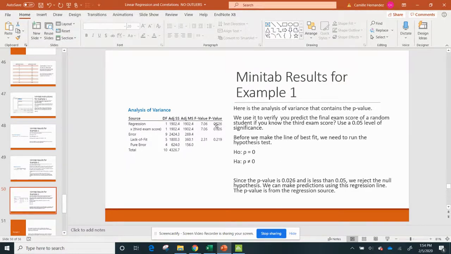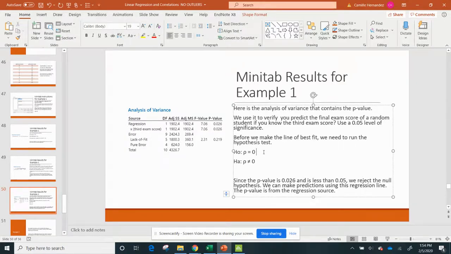This is the p-value you're always going to use. The p-value is 0.026, and since it's less than 0.05, we reject the null hypothesis. So this null is false and this one is true. So I can make predictions.